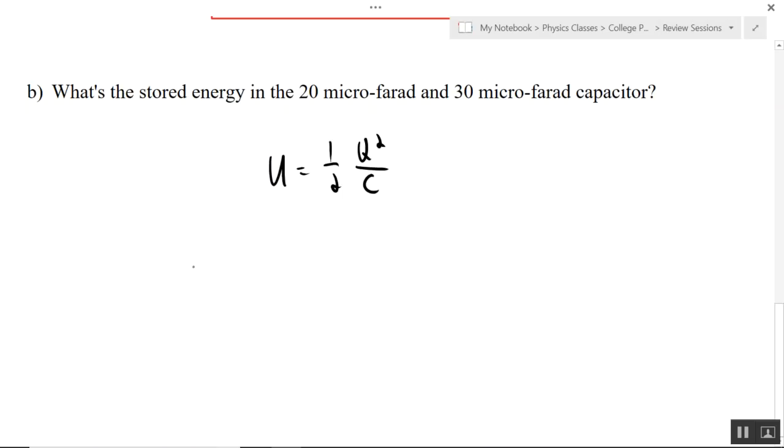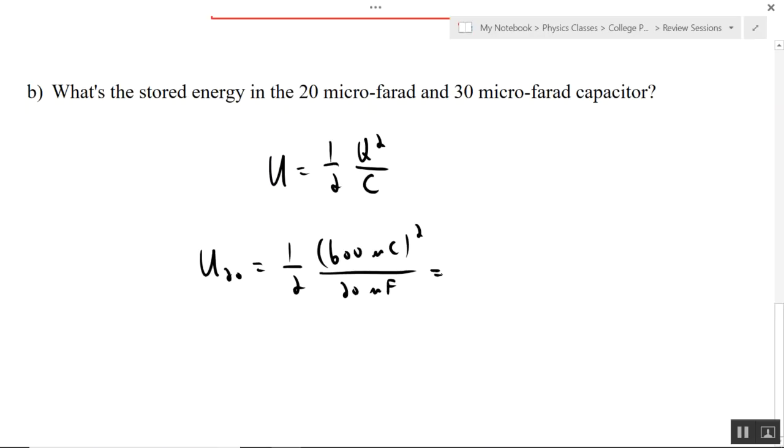So for instance, the 20, you would first have to find Q, but we already found Q. So it's 600 microcoulombs squared divided by 20 microfarads.